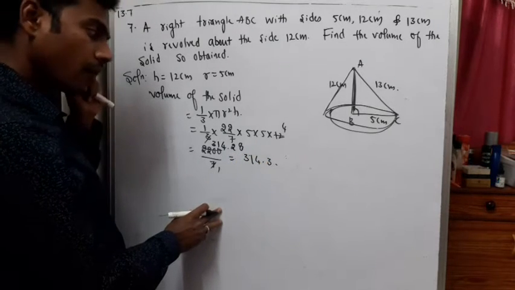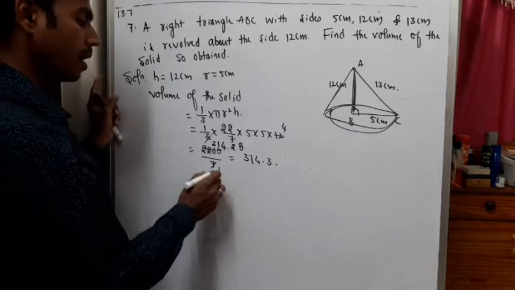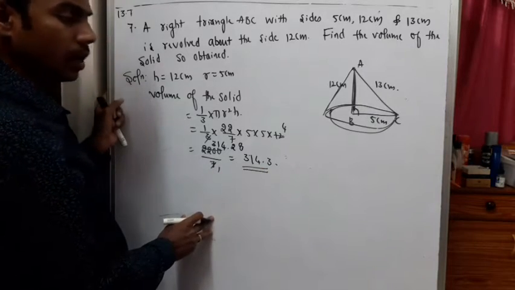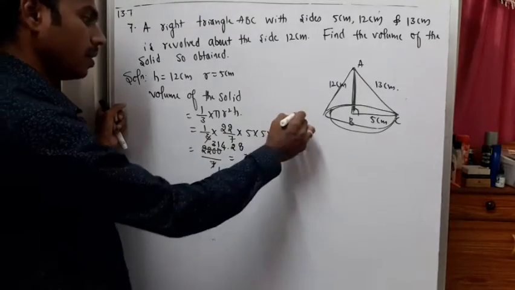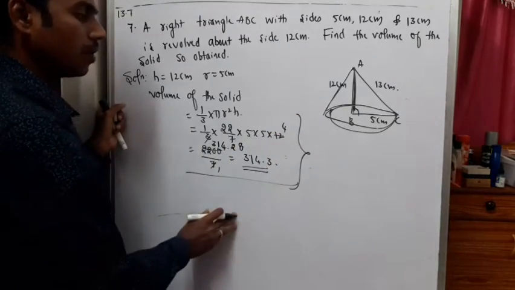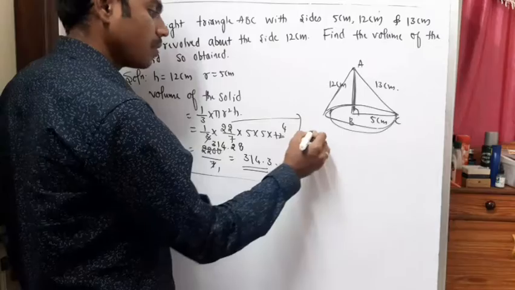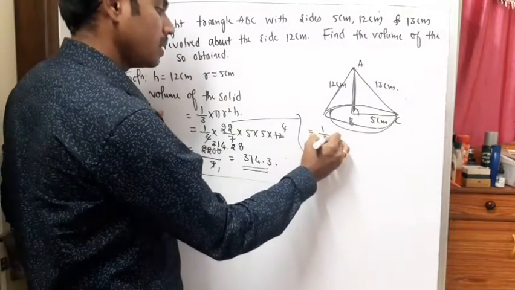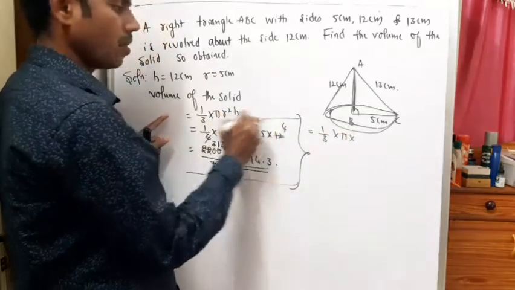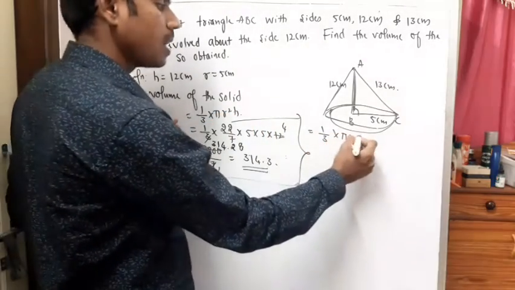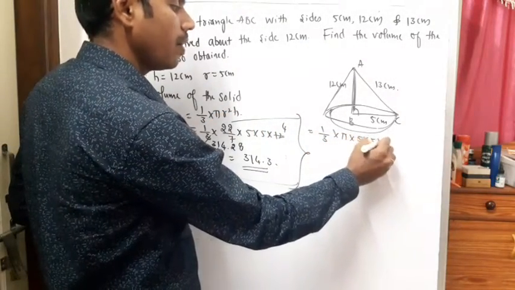Or else, if you want to write in terms of pi, according to your textbook answer, this is also one of the ways. If you want the textbook answer, you can write 1 by 3 pi as it is. After this, 1 by 3 pi, what is r square? 5 into 5. What is h?